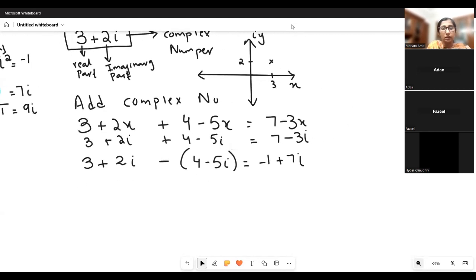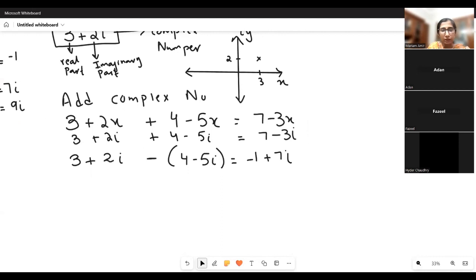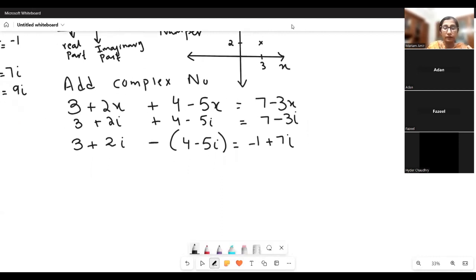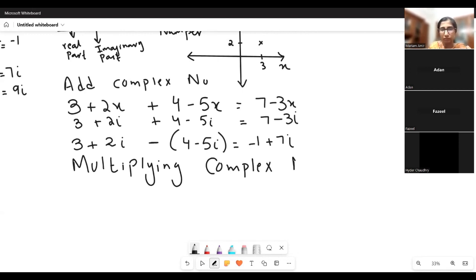Okay. Next would be multiplying complex numbers. So we have a complex number 3 plus 2 iota.